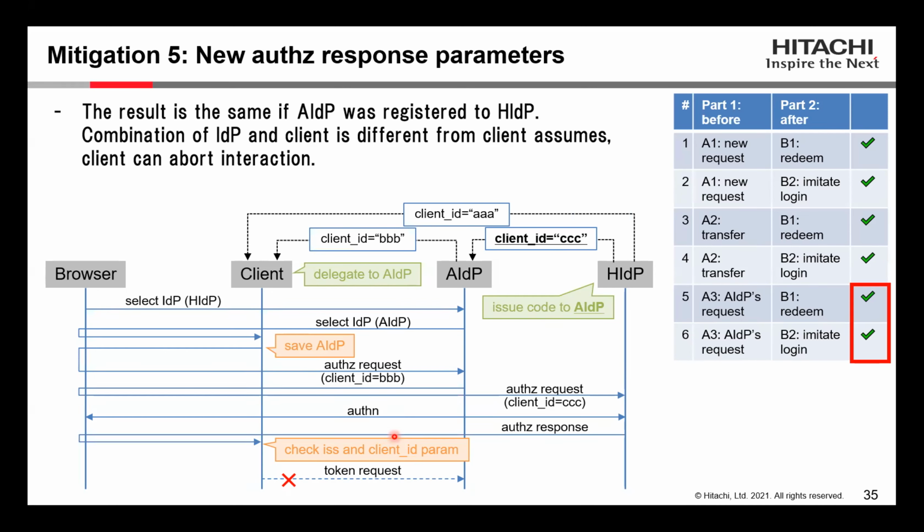But in the draft for the issuer parameter, we assume that the client does store the IDP, so it should be safe. Okay, so yeah, you're right. Maybe if the client saves AIDP in something like the session, checking only the ISS parameter is enough, I think.